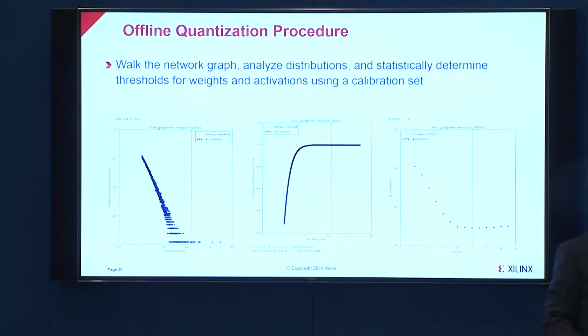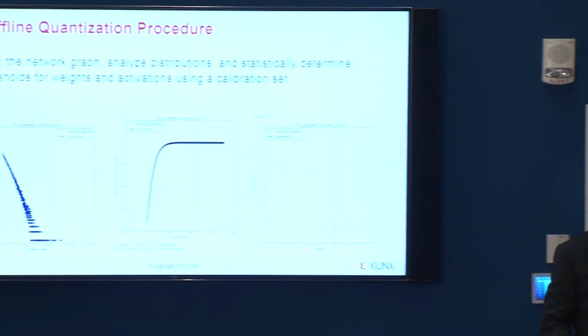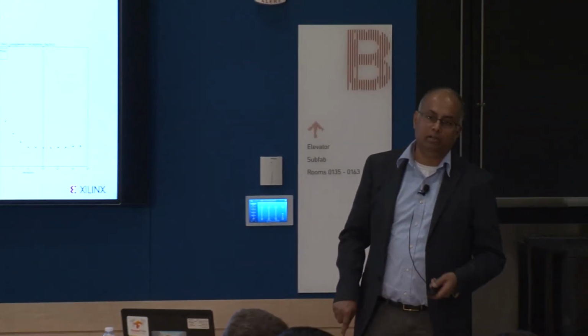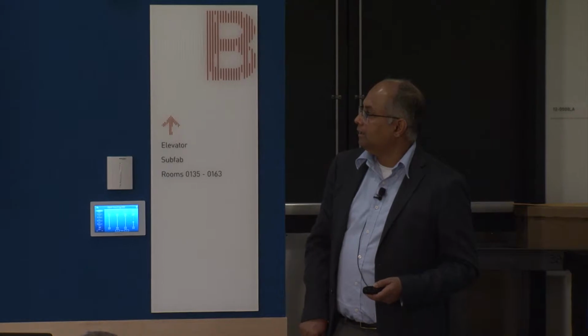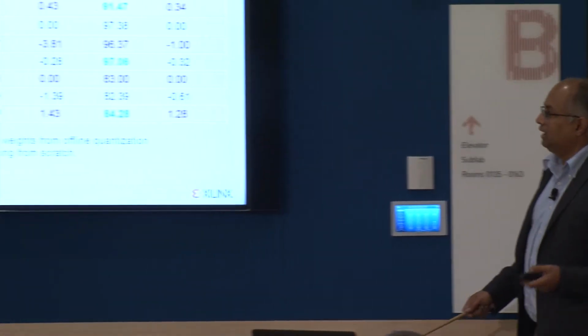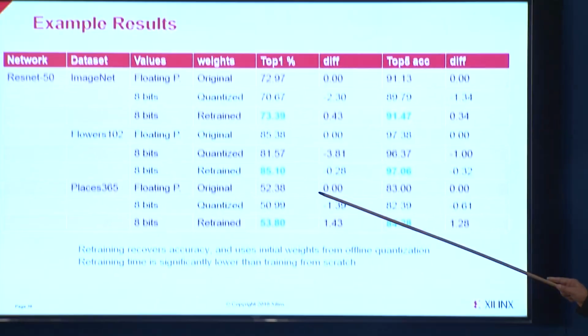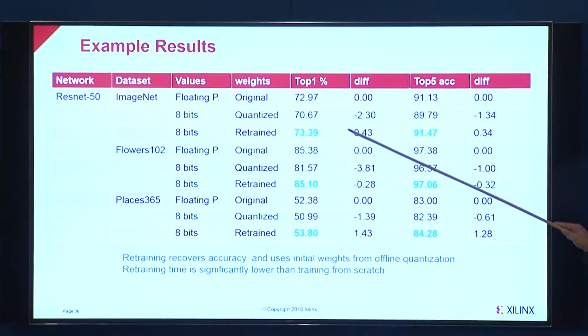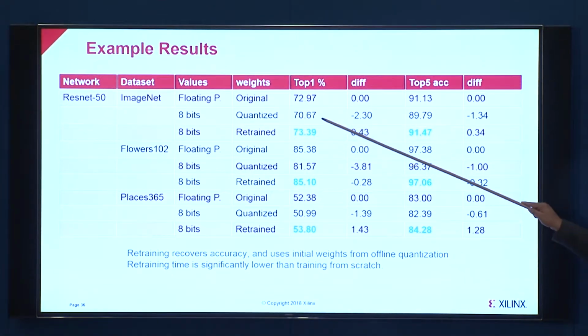Once we do the thresholding, we do a linear quantization: we take that range and map it onto 8-bit or 16-bit, depending. Here are some examples. If you go to our public website, this technique is available. With ResNet, if you just quantize it and don't do anything else, you get this.